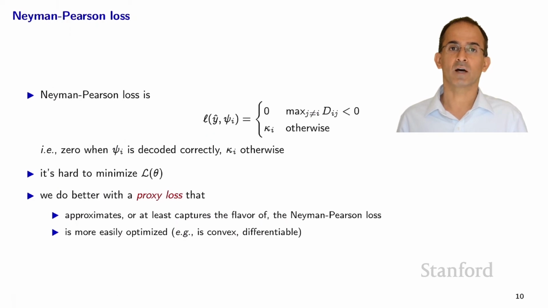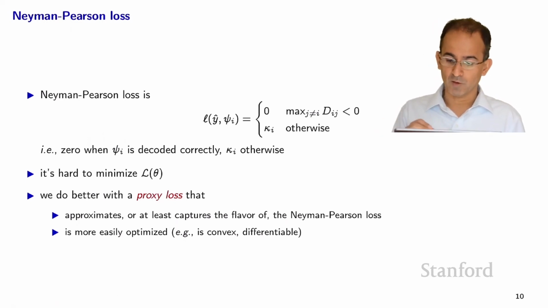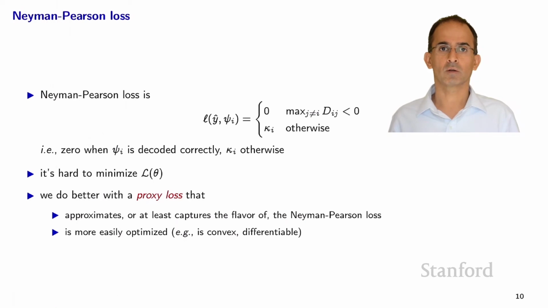Y hat gives an answer which is not I when y truly is I. And this is, of course, the analog of our nice square loss functions that we've seen before.